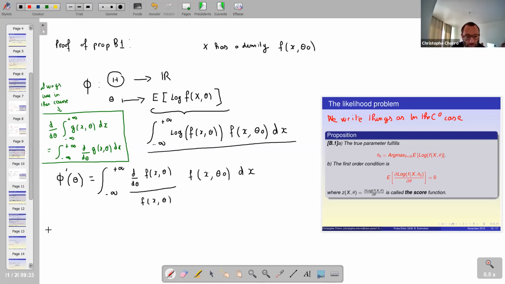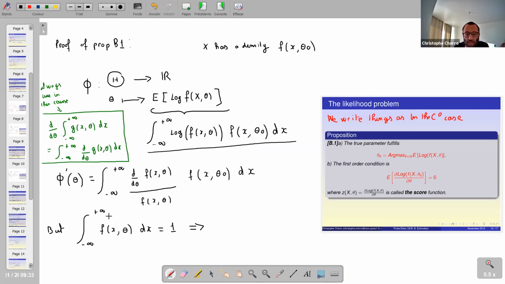Just a remark: what we know is that all these mappings here, depending on x, are density functions. So if we have density functions, we know that the integral of all these mappings with respect to x is equal to 1. All these mappings are density functions, so they have an integral equal to 1.